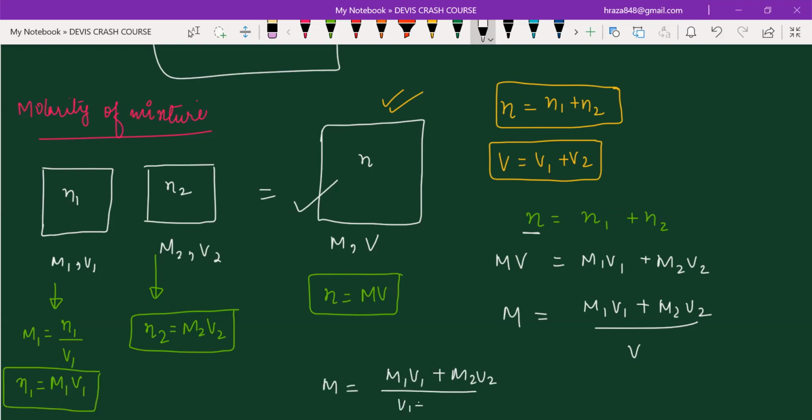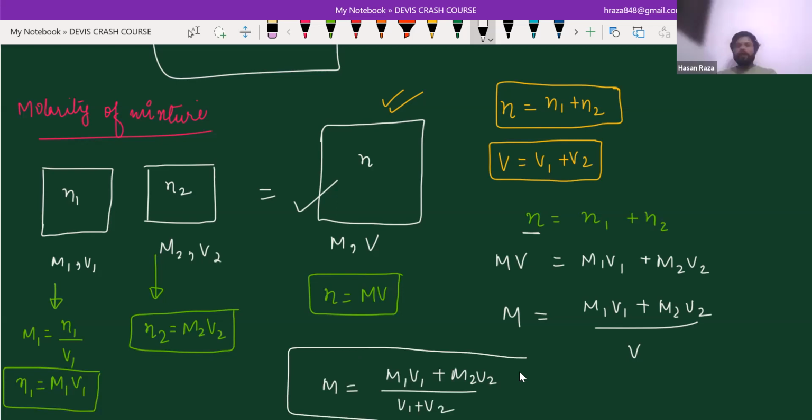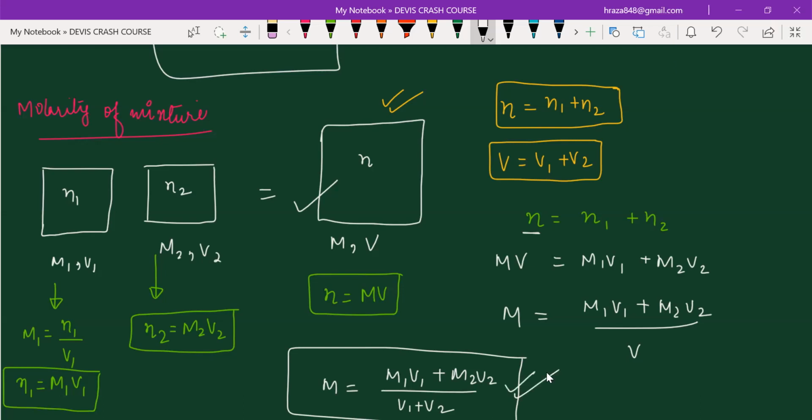So whenever there is a question to calculate the resultant molarity of a mixture, you are going to solve it from this formula.